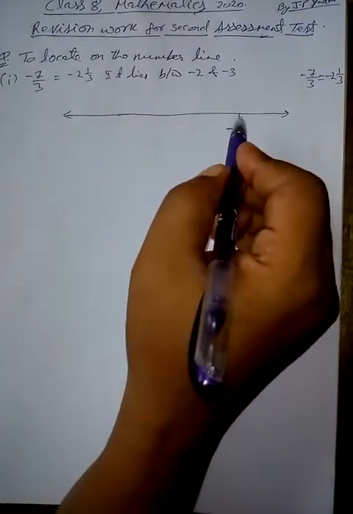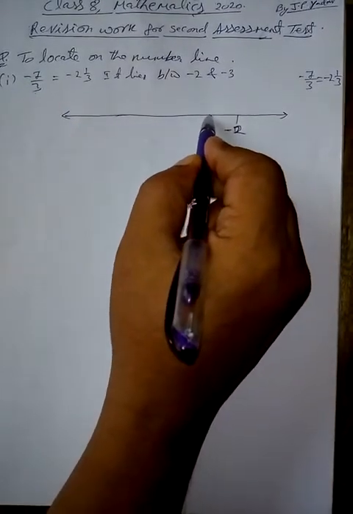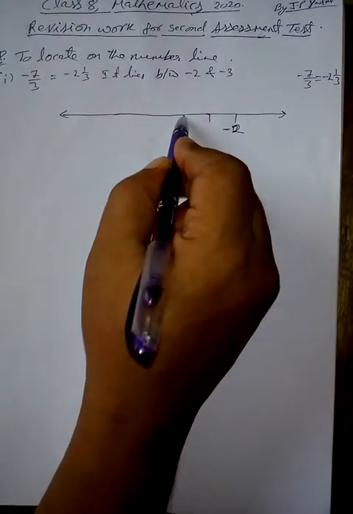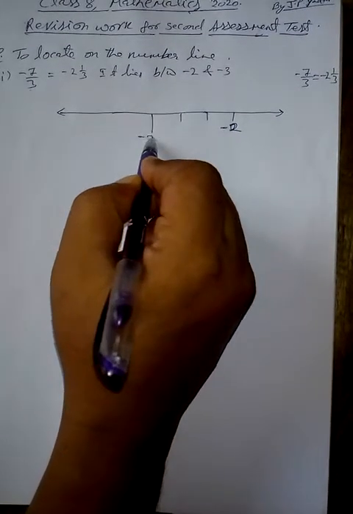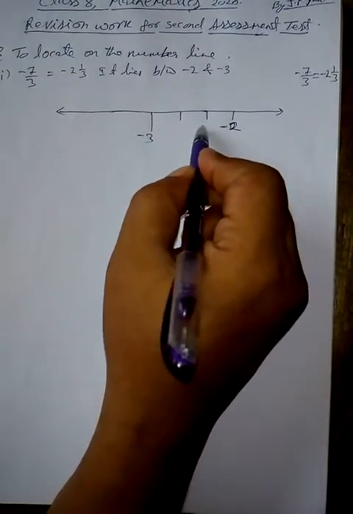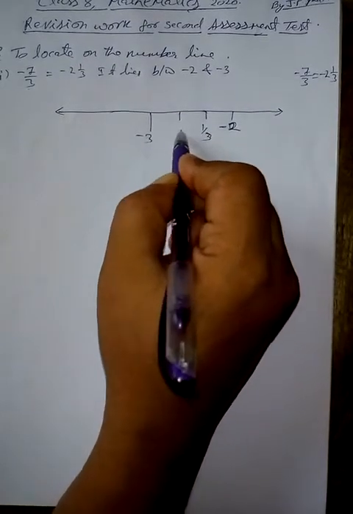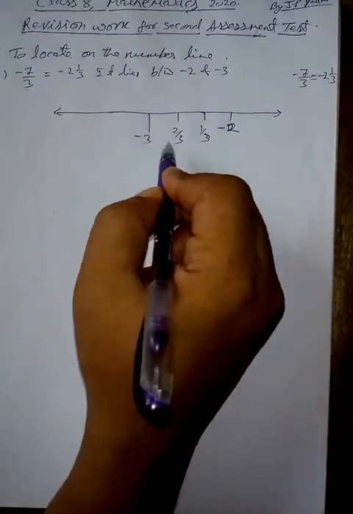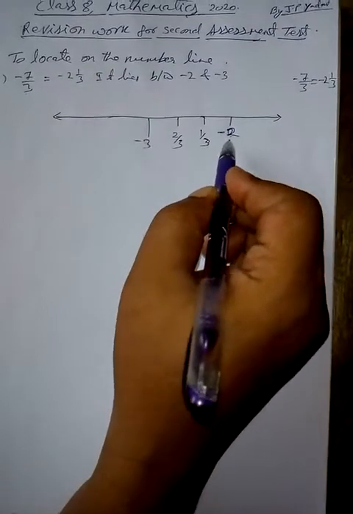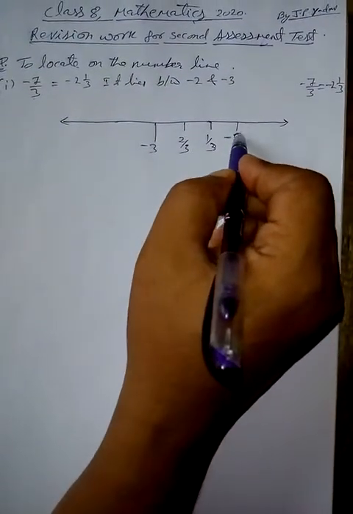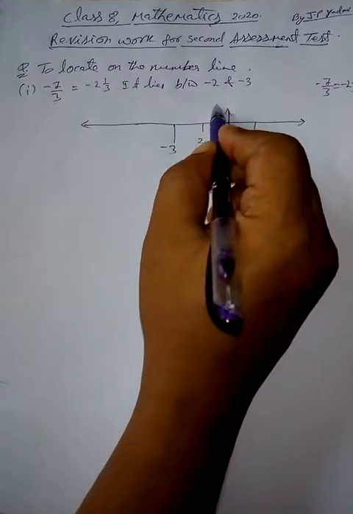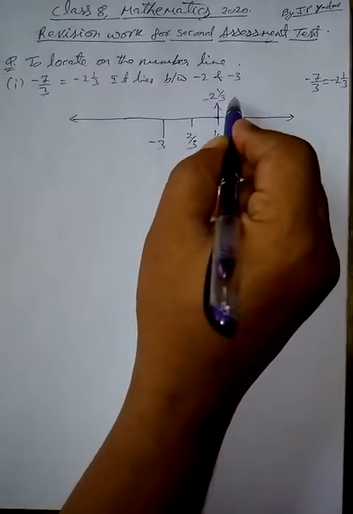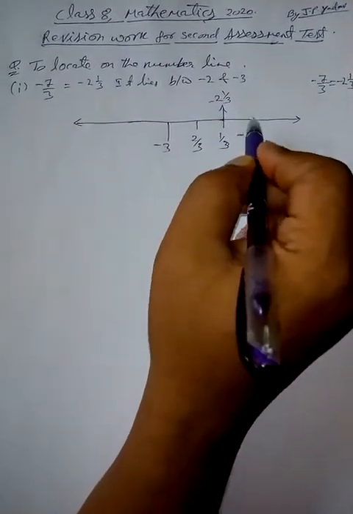So you will make the 3 equal divisions, 1, 2, 3, and this is minus 3. This is 1 by 3, 2 by 3, and this is 3 by 3, that is 3. So minus 2, 1 by 3 is this one. Minus 2, 1 by 3, that is minus 7 by 3. This is your answer.